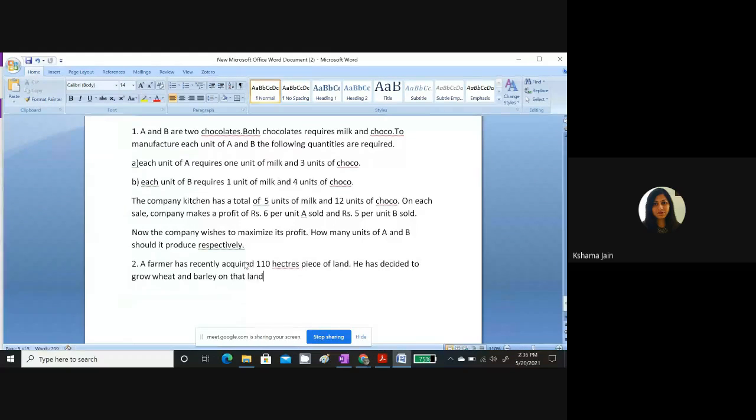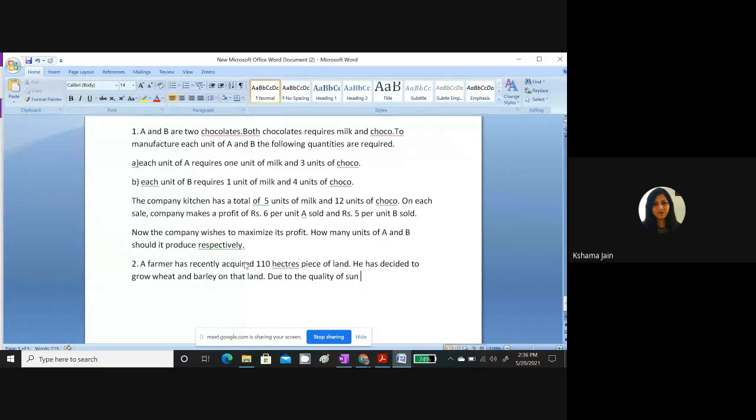There are two types of crops, wheat and barley. Actually they write the full story, what has happened. So that's why the question becomes very big.